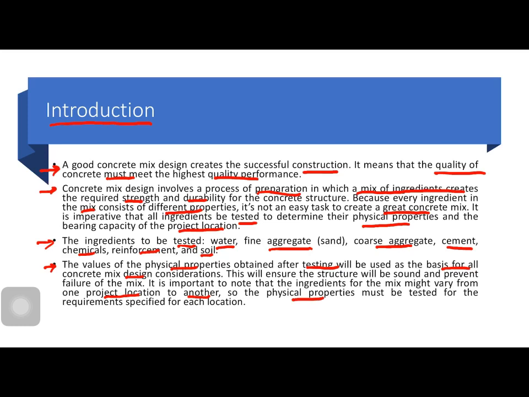So the physical properties must be tested for the requirements specified for each location. That is why we need to do the concrete testing. For example, before we do the concrete testing, we need to test all the ingredients, for example, sieving analysis for fine and coarse aggregate.